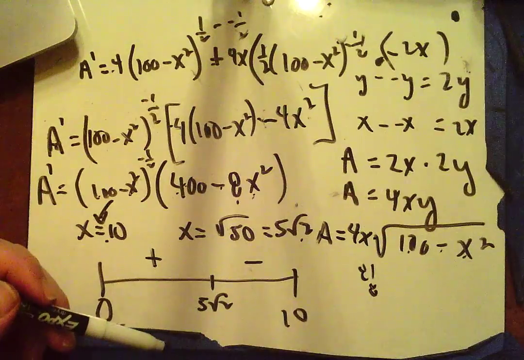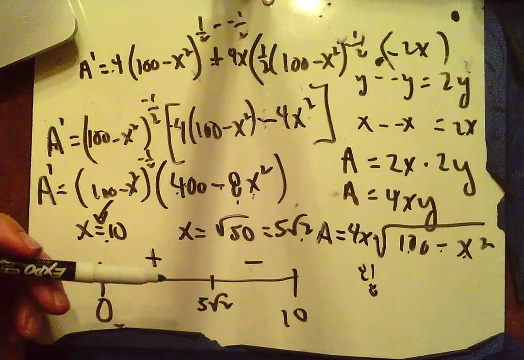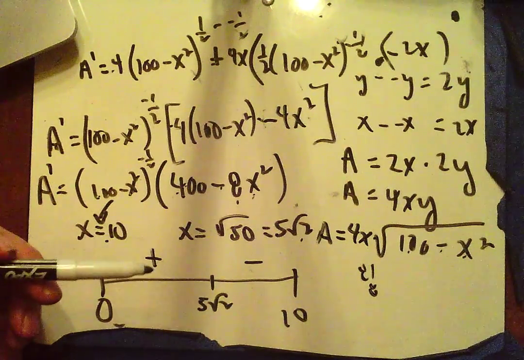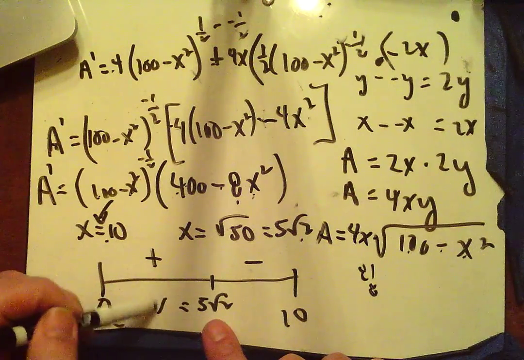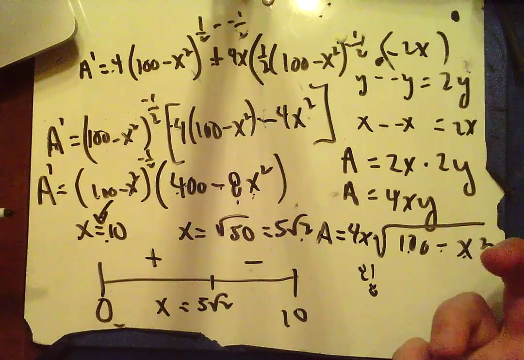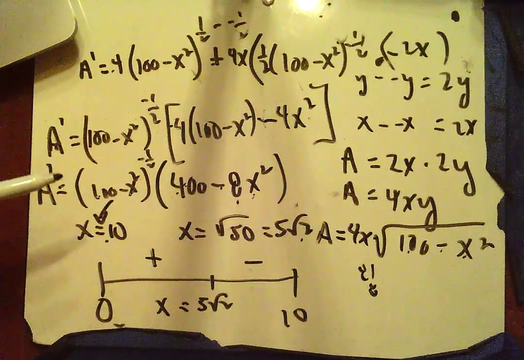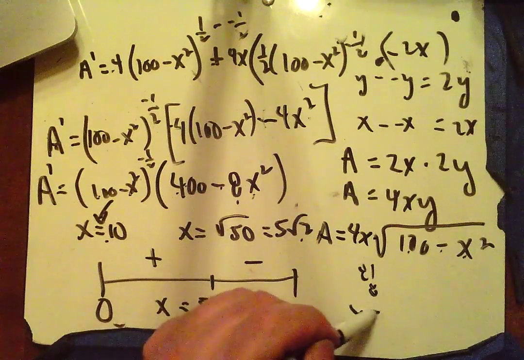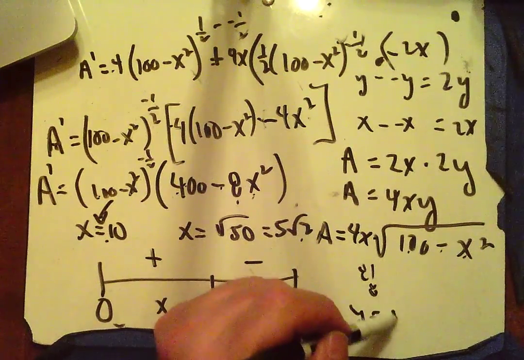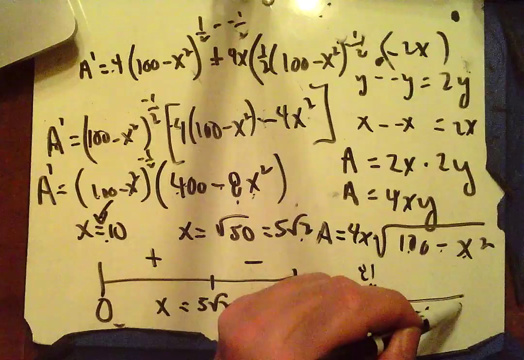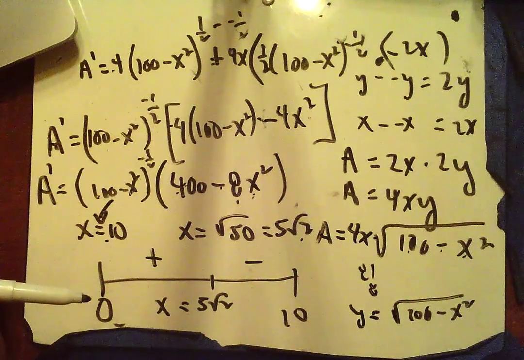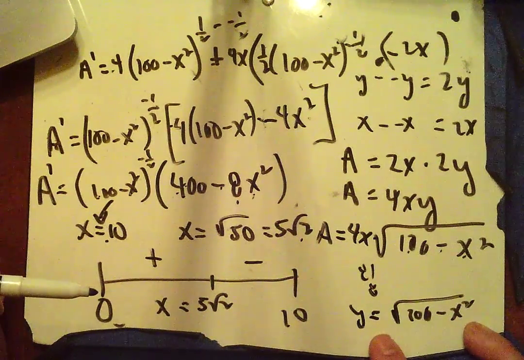And we want to know the dimensions of this rectangle that has the greatest area. So in addition to knowing that x equals 5 root 2, we need to know what y is. Didn't we have a helping equation? Didn't we know what y was equal to? Yeah, we said that y was the equation of the circle, the square root of 100 minus x squared. So that's my y value.